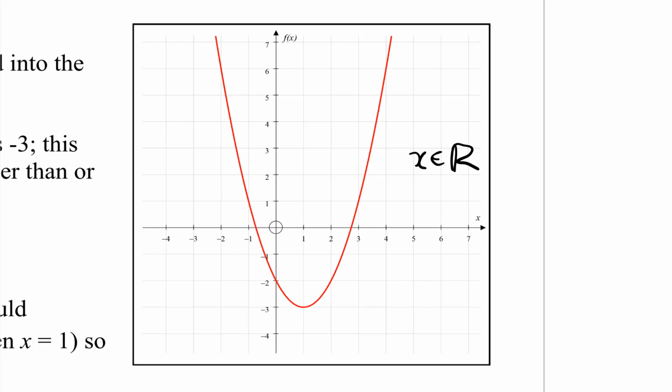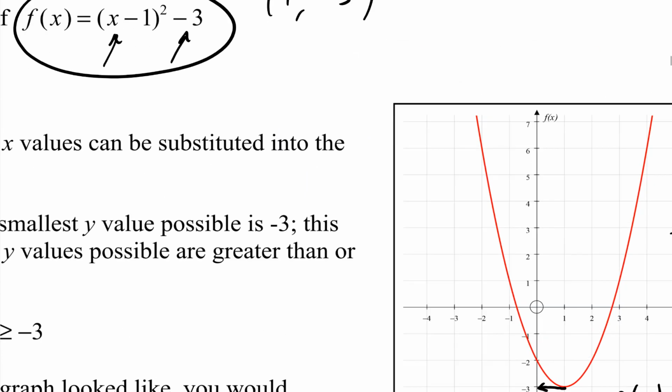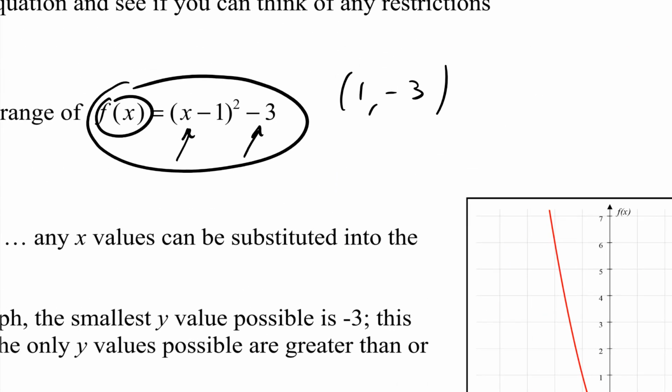There are no y values below negative 3. None. They don't exist. So the range here is that the y values are greater than or equal to negative 3, or you could say f of x is greater than or equal to negative 3. That's probably more accurate because the function was defined in terms of f of x over here.